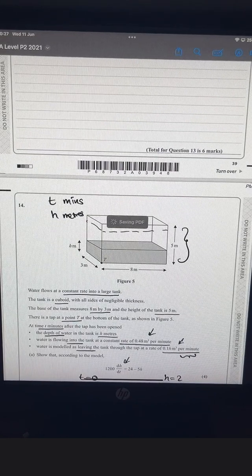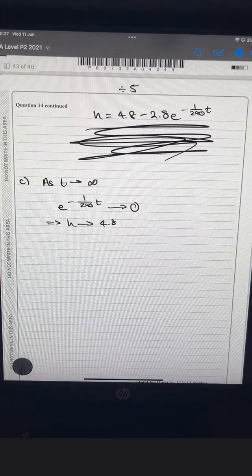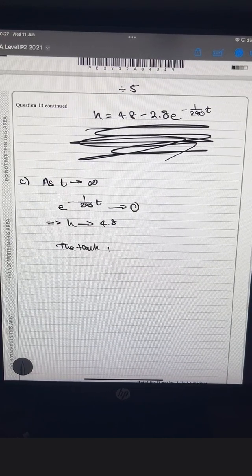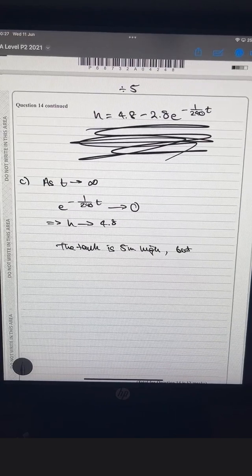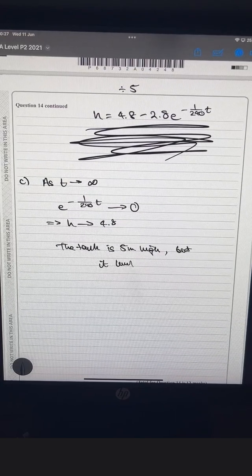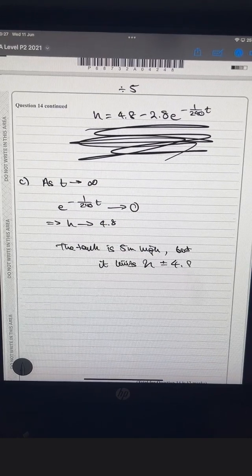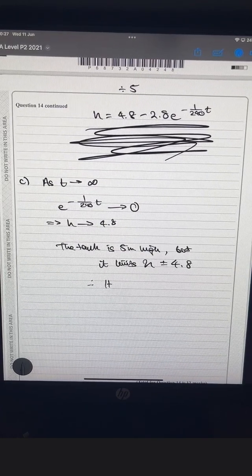That's the only value left you haven't used. So use it. You'd say the tank is 5 meters high, but it limits the h, the height, at 4.8. Therefore, it'll never become full.